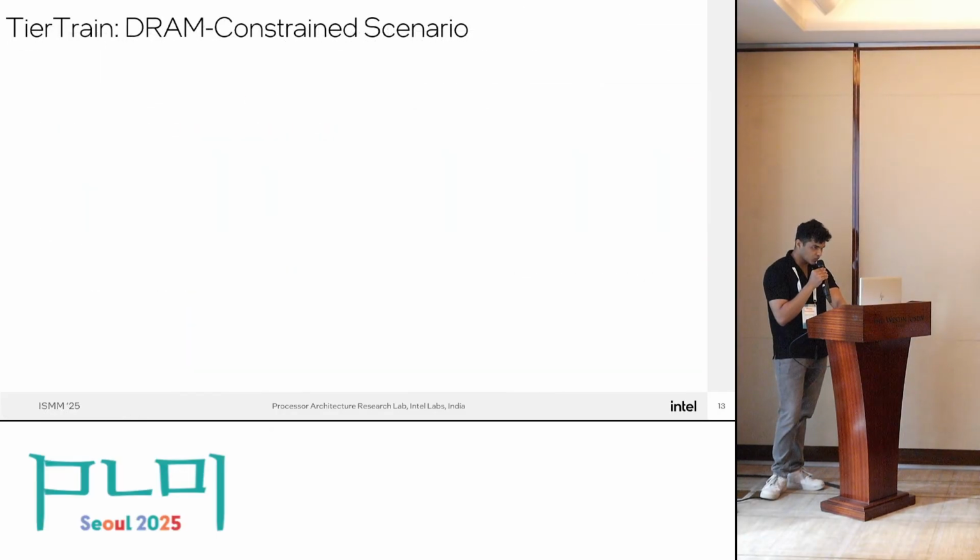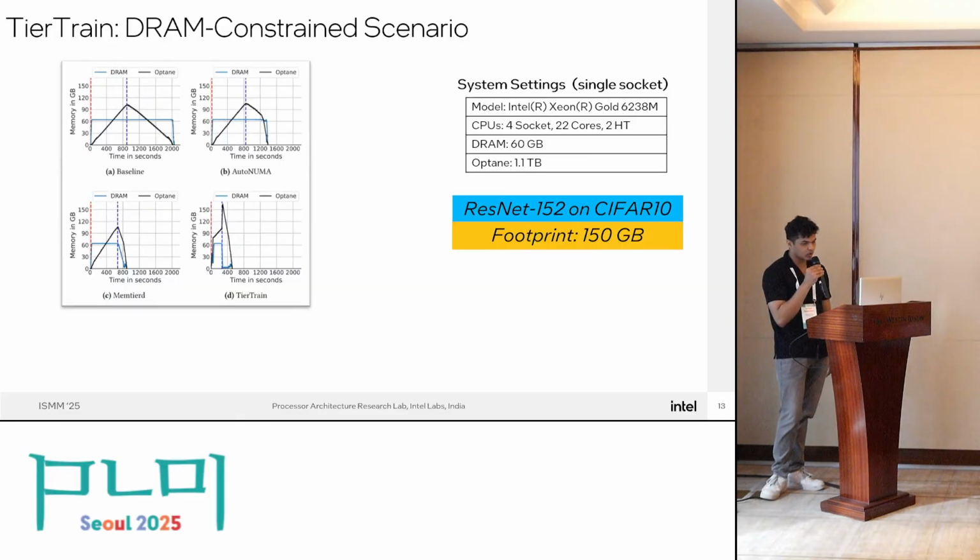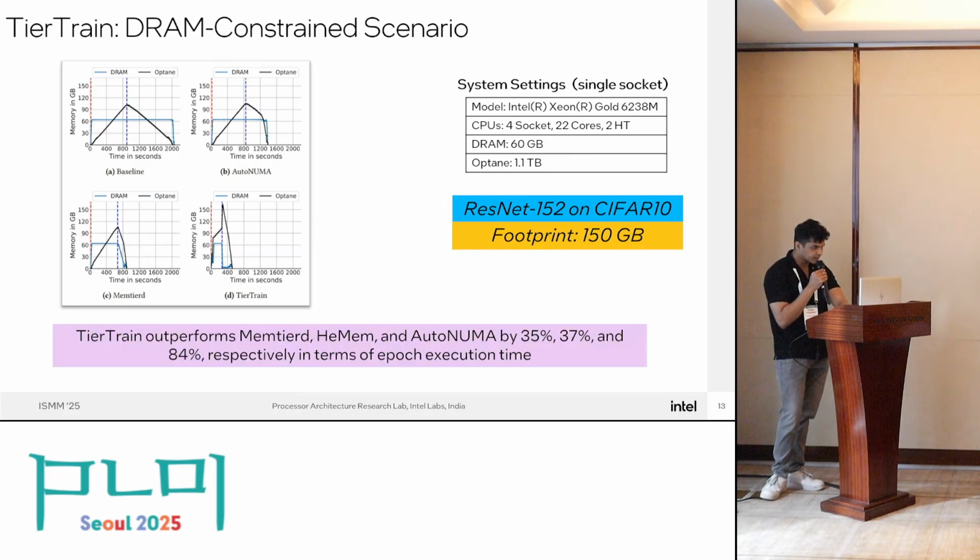We also want to see what would happen if the available DRAM on a system is not enough to support the overall footprint of the application. For this example, we have chosen ResNet 152, whose footprint is 150 GB, and we only have 60 GB of DRAM on the system, and about 1.1 terabytes of Optane. We compare this against Autonoma, which is a tiering policy supported by Linux, and MEM-TD, and our baseline is again pure DRAM.